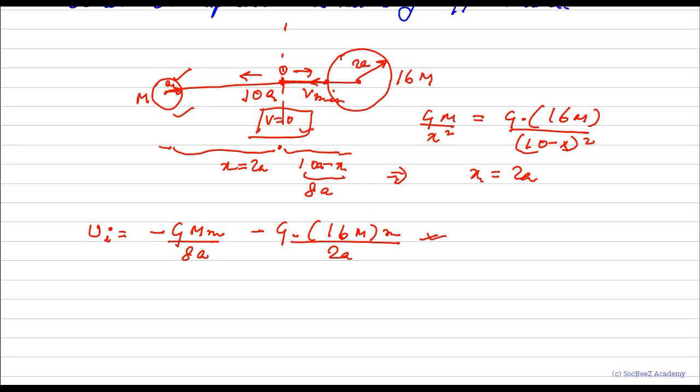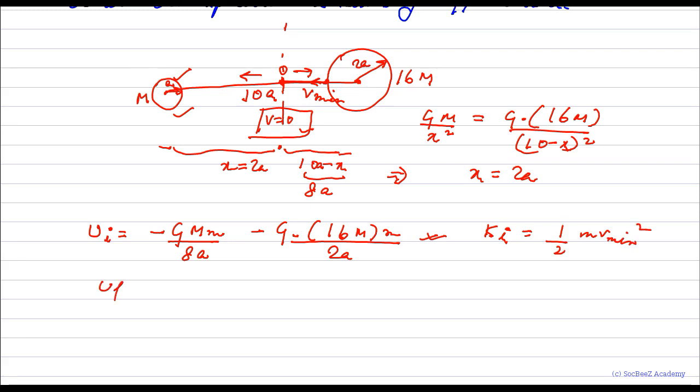So this is my initial potential energy of the particle at this point. The particle also had some kinetic energy. The initial kinetic energy is going to be given by half into m into v min squared.